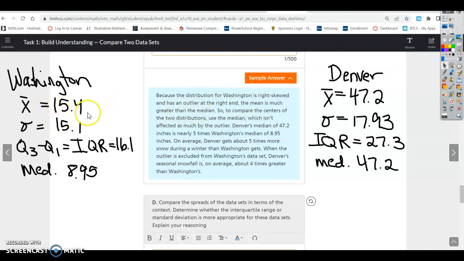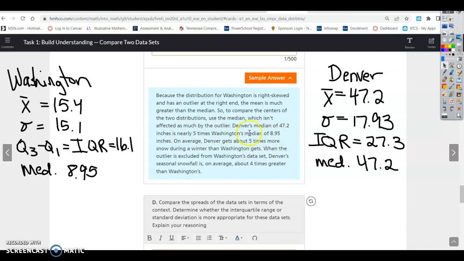So you can see here, the mean is 15.4, the median is 8.95. So to compare the centers of two distributions, use the median, which isn't affected as much by the outlier. Denver's median is 47.2, you can see here 47.2, and is nearly 5 times Washington's median.